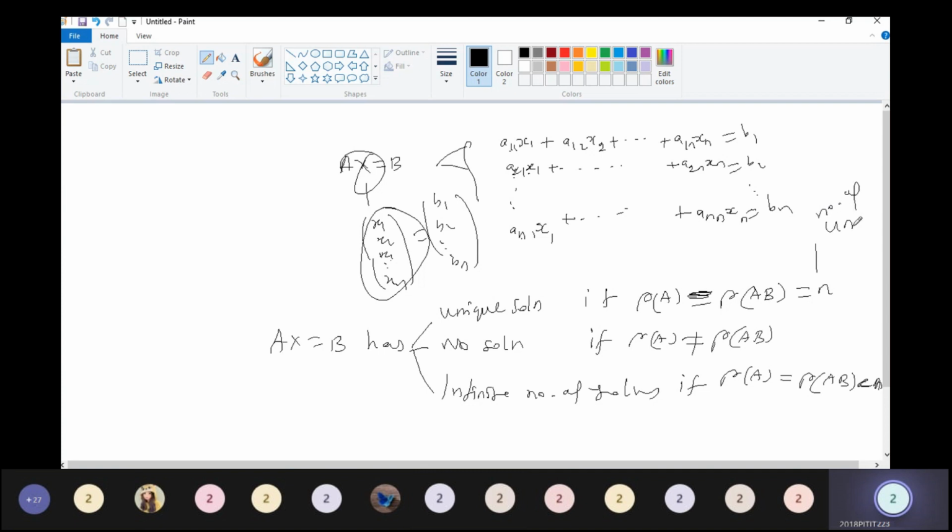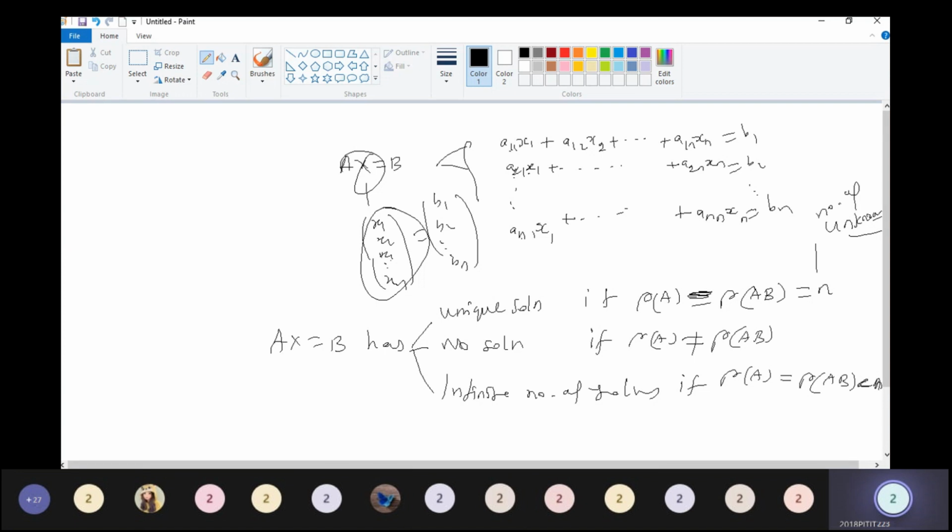Okay, this is the theory part of the system of linear equations having a unique solution, no solution, or an infinite number of solutions for the given conditions.